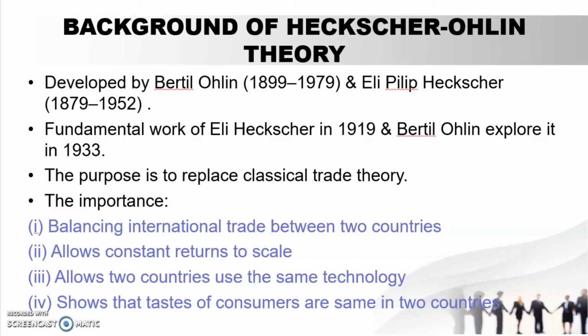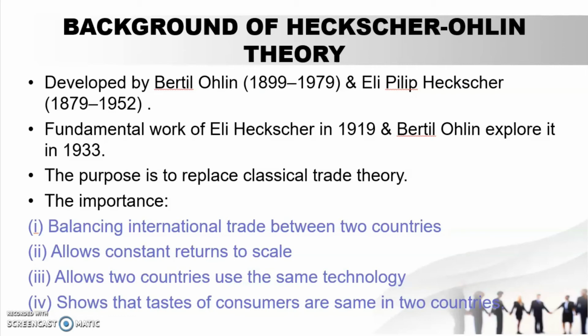This theory also allows two countries to use the same technology, which means that producers in two countries will be able to use the same amount of labor and capital in production of each commodity if factor prices are the same. But different countries usually have different factor prices.